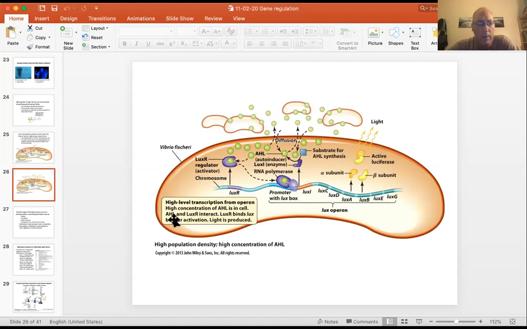Now, there's been a lot of research done in the last decade or two since this was discovered as to the relationship between the squid and the bacteria and how the squid nurtures the bacteria.